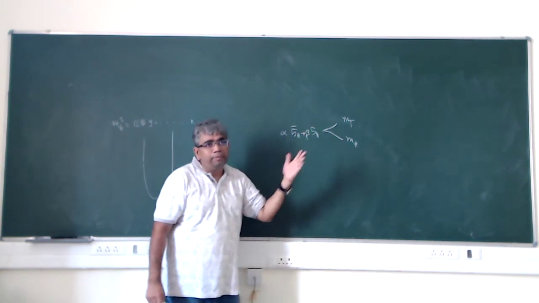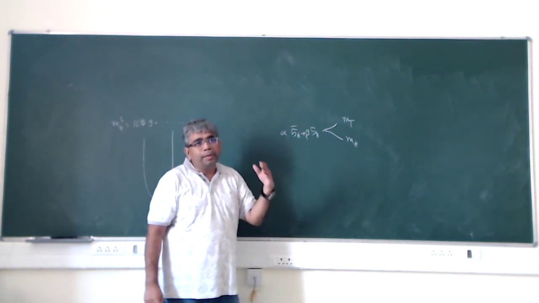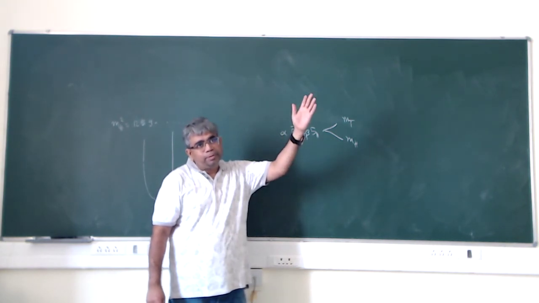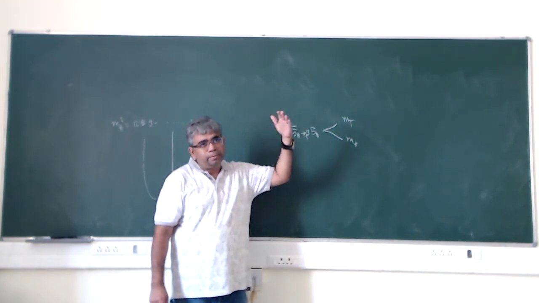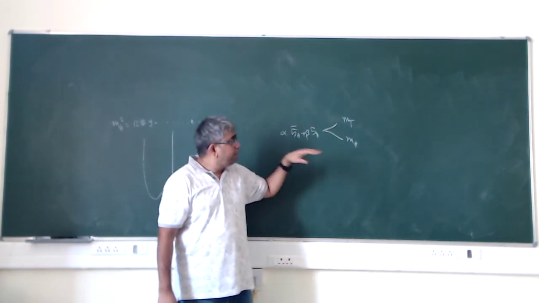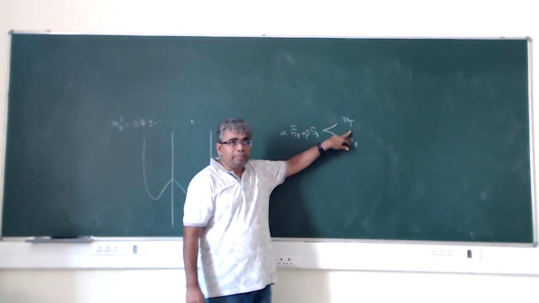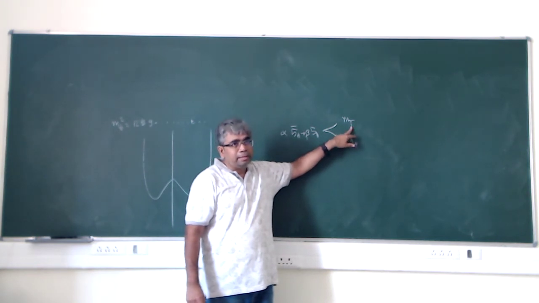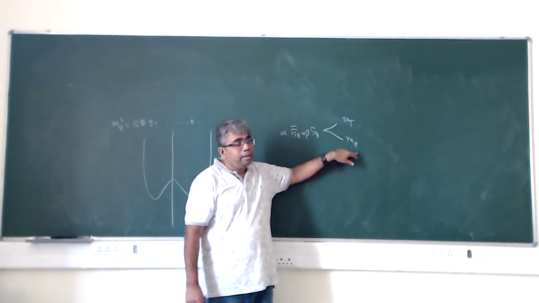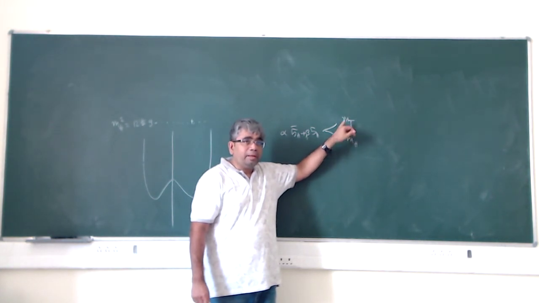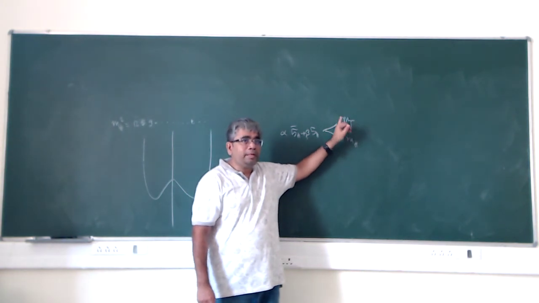The Goldstone bosons are absorbed by the GUT gauge bosons, which are called X gauge bosons. So they get absorbed. But the remaining Higgs have to maintain this mass hierarchy between them. One is sitting at GUT scale, another between. Now, if it's not sitting at GUT scale, it can lead to rapid proton decay. So it has to sit at GUT scale.